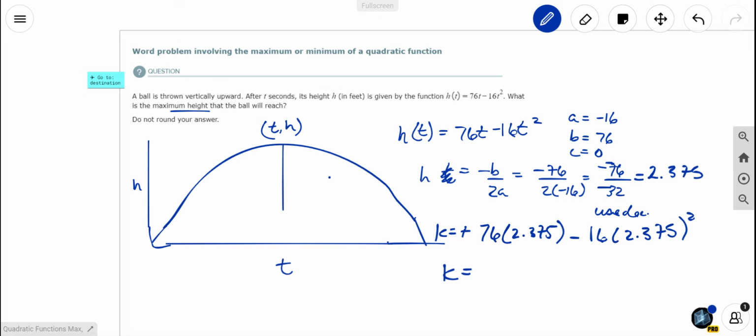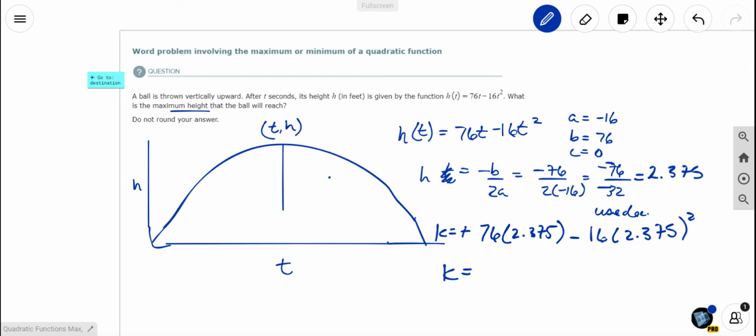I wish I had my calculator here. Usually they make these really easy to do by hand, and so usually everything divides easily, but it didn't this time. 76 is not divisible by 32. So I do want to go do it. I'm going to use Desmos.com, that scientific calculator.